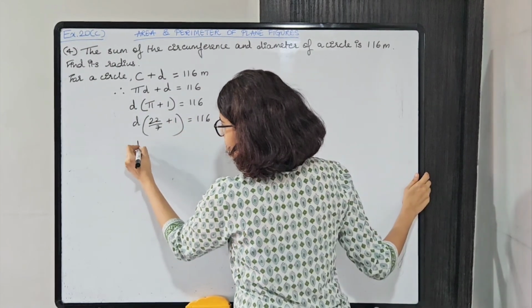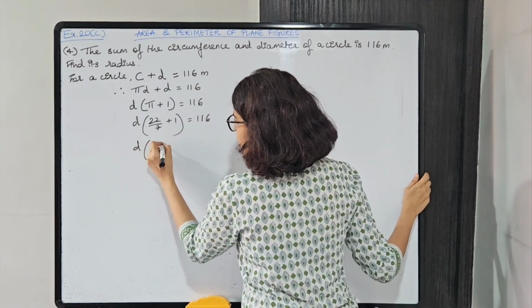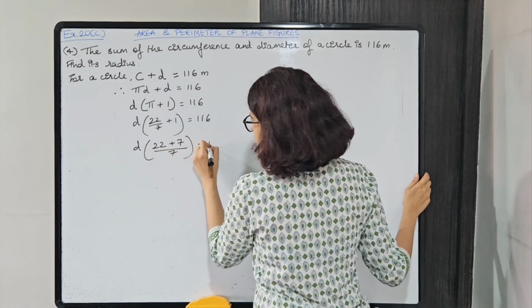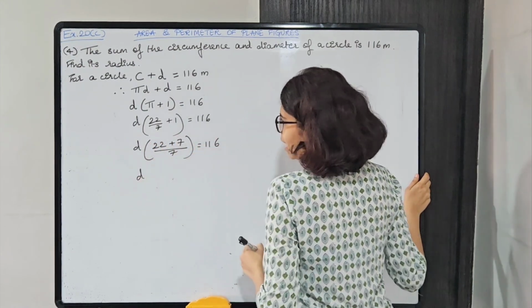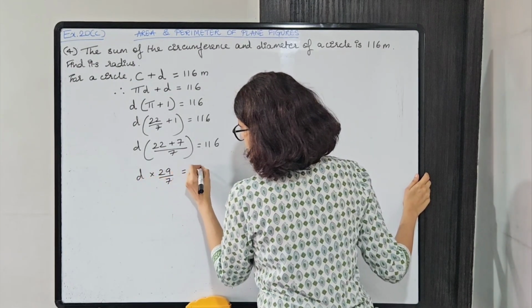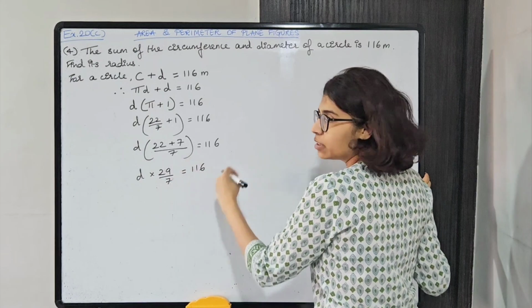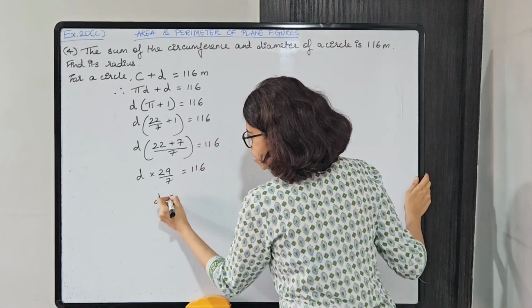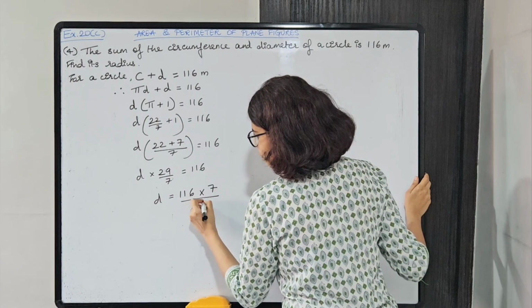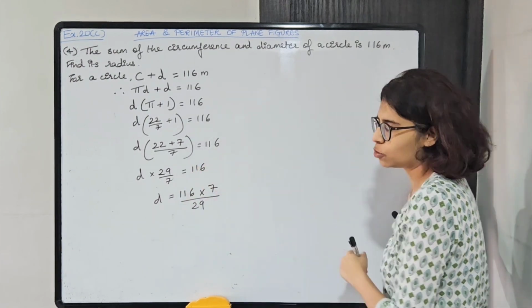Taking LCM, so 22 plus 7 over 7, that gives 29/7. Right. Shifting the numbers on the other side, d is equal to 116 into 7/29. Reciprocal हो जाएगा.